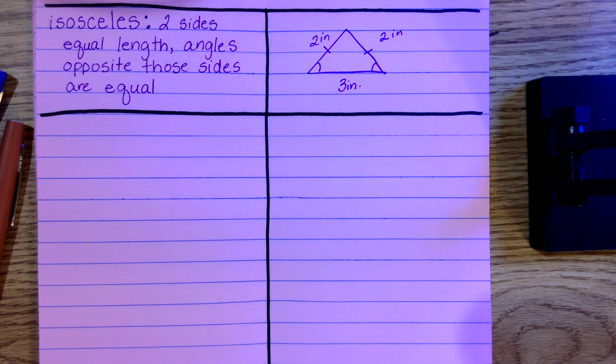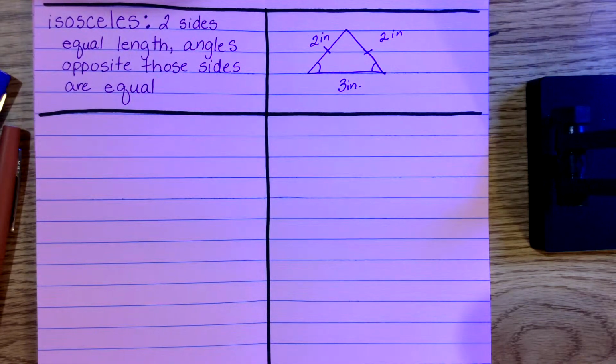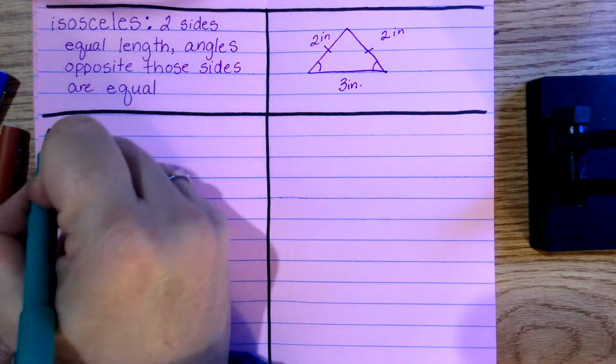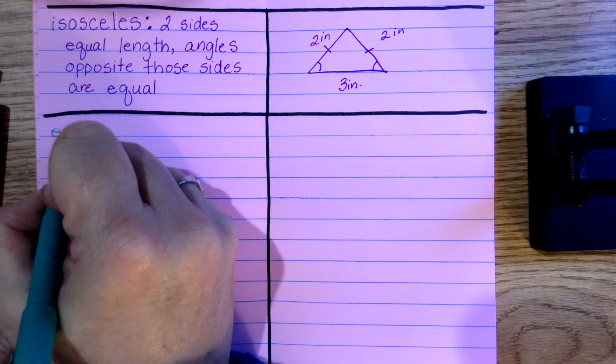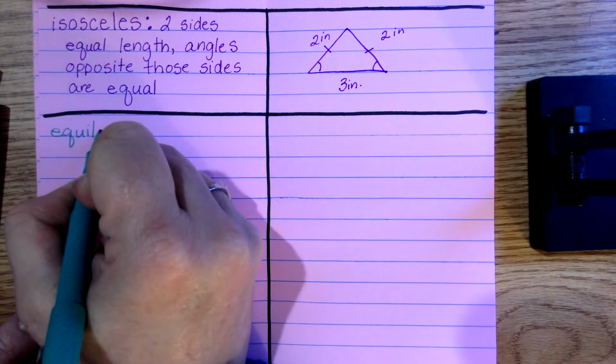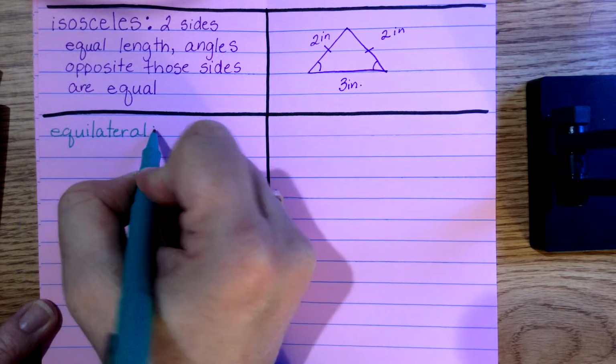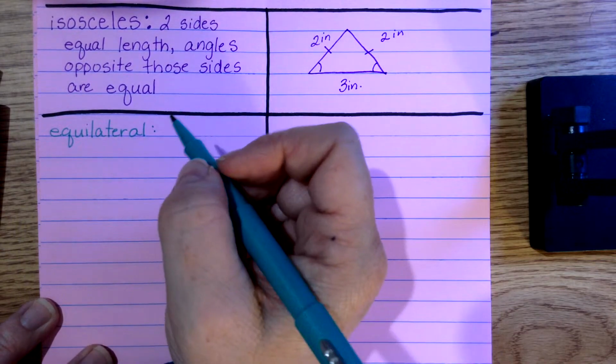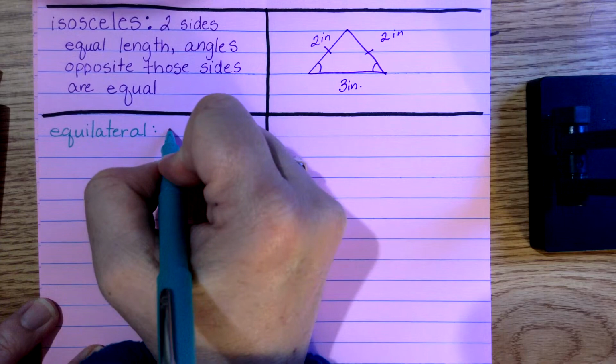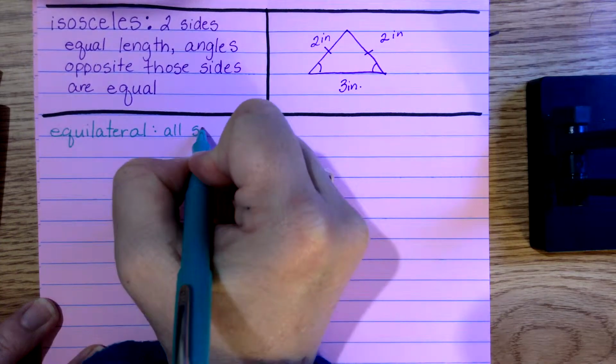All right, so now we're going to talk about an equilateral triangle. Okay, an equilateral triangle has three sides that are the same length, so all sides are the same length.